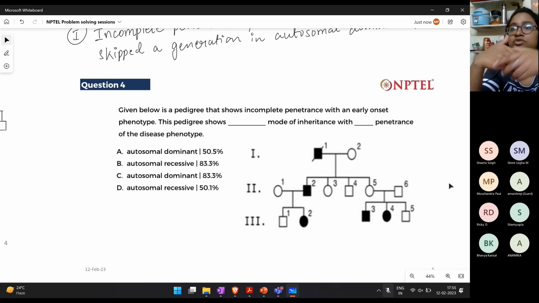But another sibling of that person also has the allele for the disorder, and symptoms are there for him.